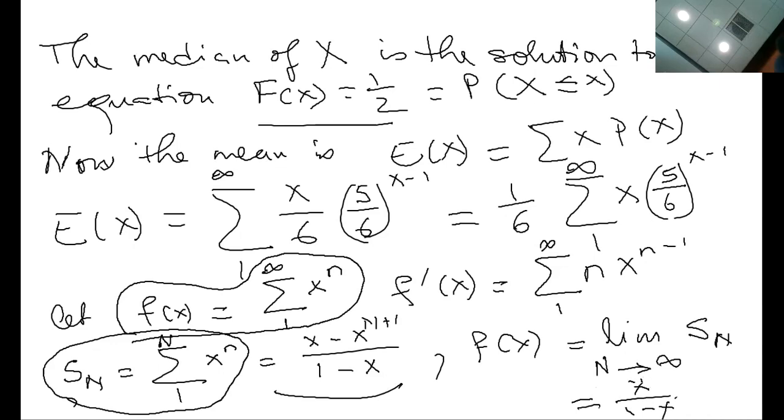This guy, when capital N goes to infinity, goes to 0. Because that x for us is 5 over 6. You see this 5 over 6? It's not really that one, but our goal is going to be this 5 over 6. It is between 0 and 1. It is going to go to 0.